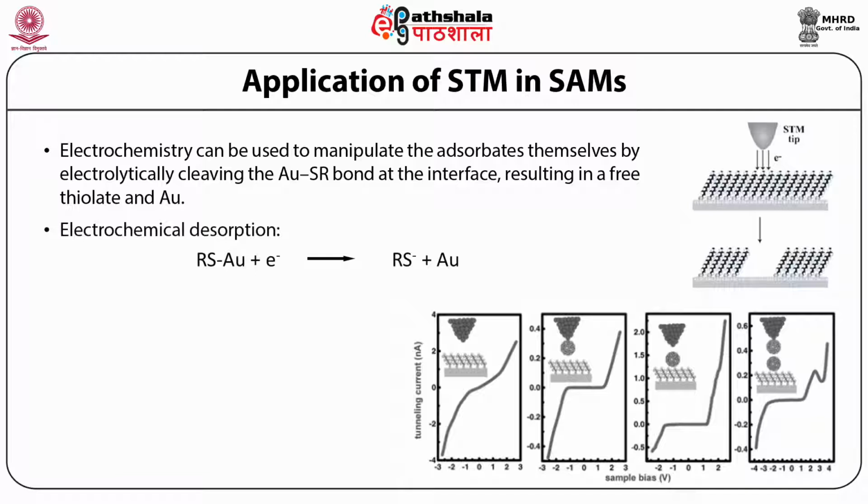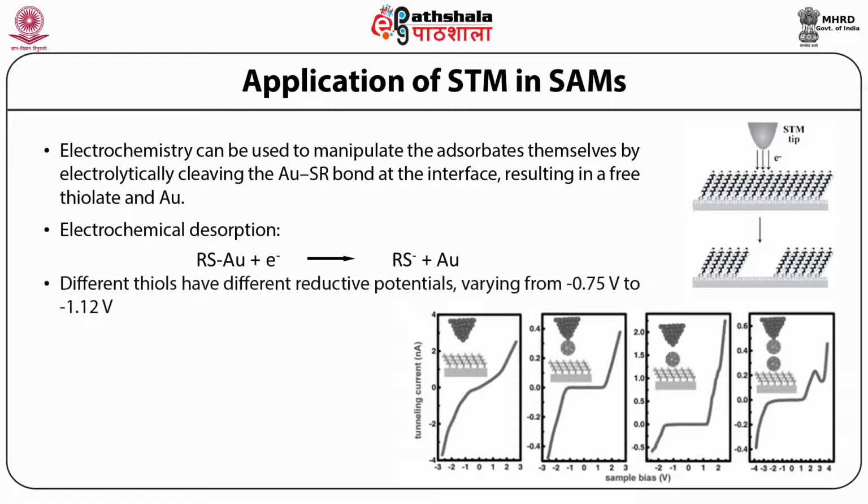Electrochemical desorption takes place in the reverse phase, that is, RS and gold would accept one electron and give RS minus plus gold. This has been shown in the diagram on the right side. Different thiols have different reductive potentials, therefore this will vary from minus 0.75 volt to minus 1.12 volts.